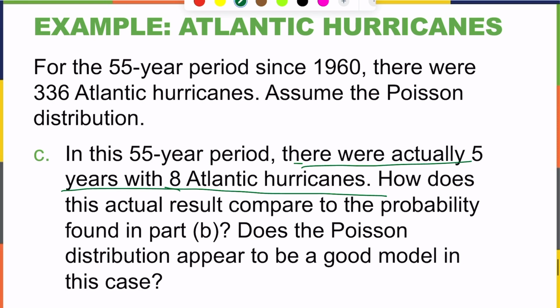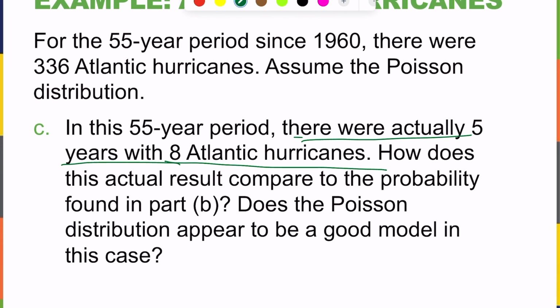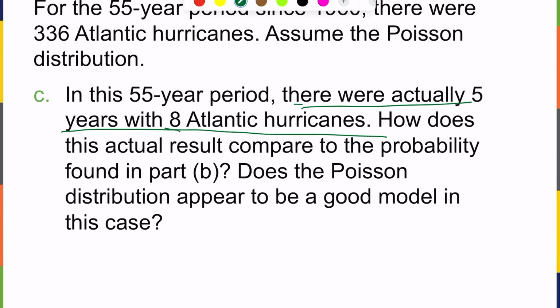How does this actual result compare to the probability found in Part B? Does the Poisson distribution appear to be a good model in this case? All right, so there were actually, no, sorry, there were 5 in the 55 years that had 8 hurricanes.